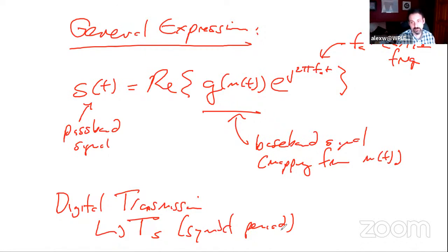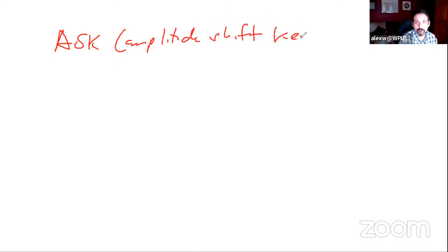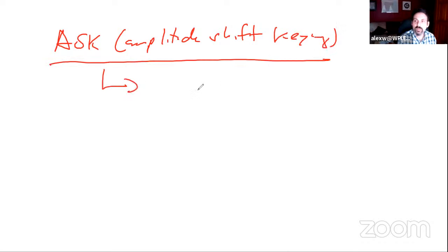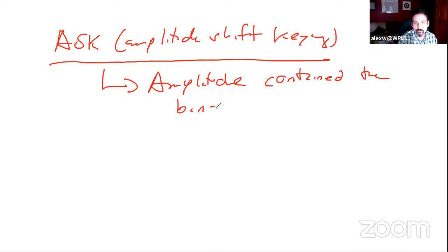So in this case, with respect to something like ASK, amplitude shift keying, what did we see? We saw that the information was contained within the amplitude value of the g of m of t, right? So amplitude contained the binary information.